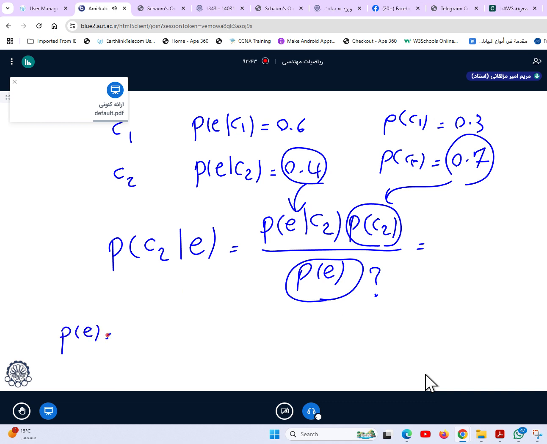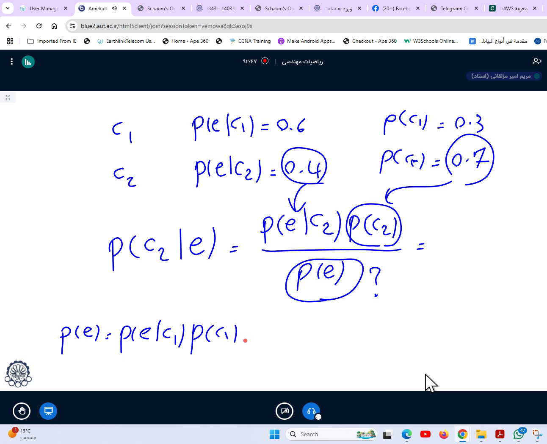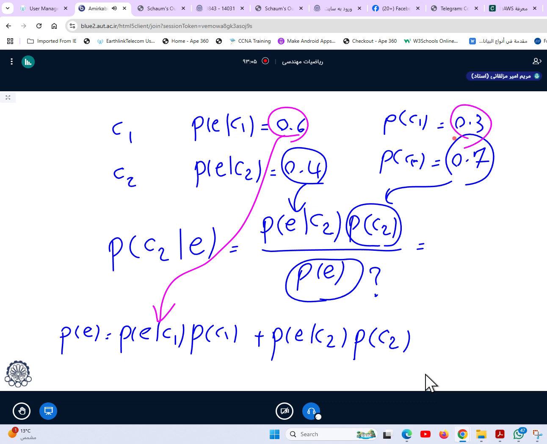So we have the probability of error conditioned on class 1, times the probability of class 1, plus the probability of error conditioned on class 2, times the probability of class 2.